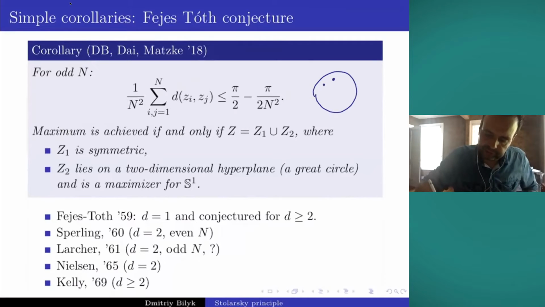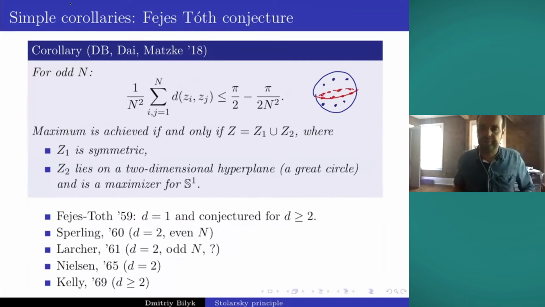Basically what happens is that you have these symmetric sets, but then you can also have another part. You can have something that lives on the great circle and is a minimizer. It's not necessarily symmetric, but is a minimizer for the great circle. So you get these little perturbations. You can have an addition in a great circle.